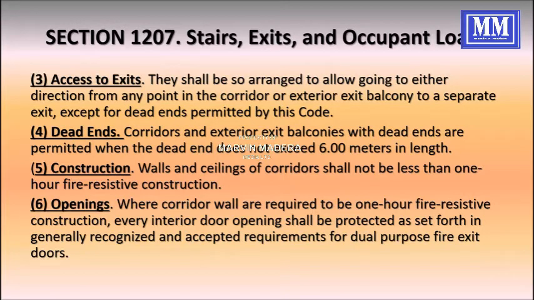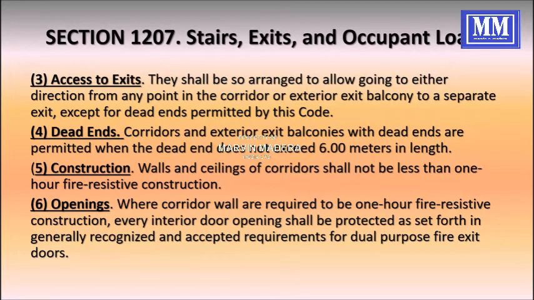Construction. Walls and ceiling of the corridor shall not be less than 1 hour fire resistive construction. Openings. Where corridor walls are required to be 1 hour fire resistive construction, every interior door opening shall be protected as set forth in the generally recognized and accepted requirements for dual-purpose fire exit doors.